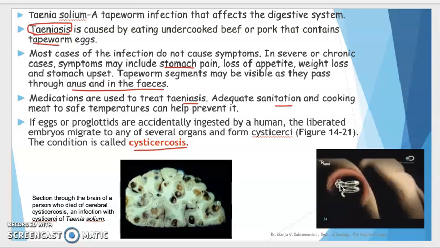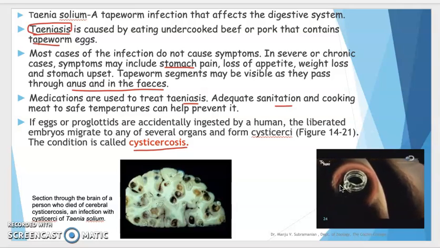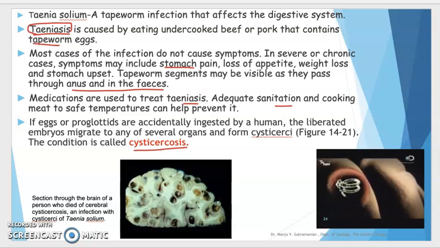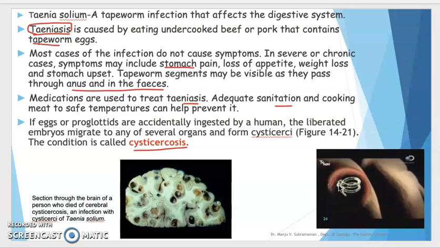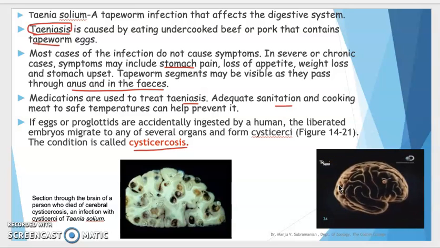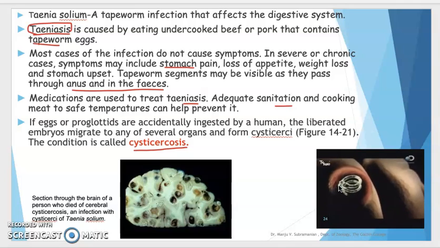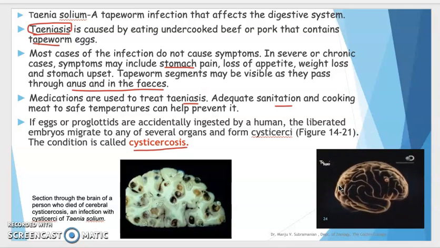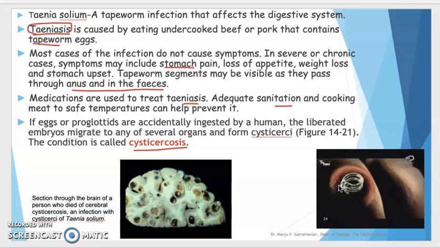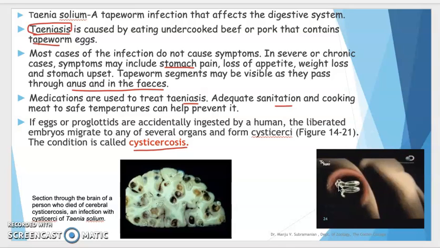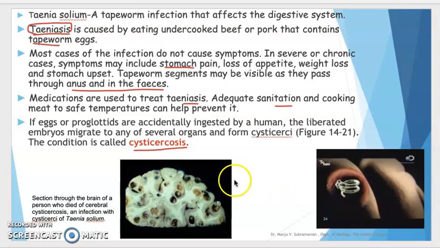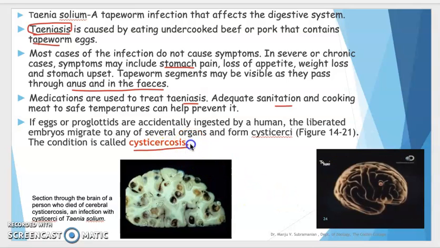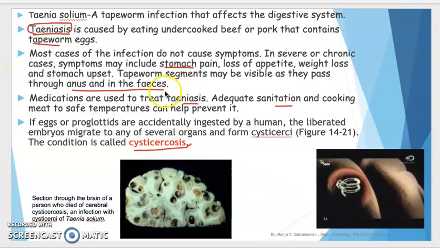Then the puncture of the intestinal wall by the hooks and causing the nitus can also take place. That is, intestinal walls will be heavily punctured by these worms with their hooks. So this can cause internal bleeding, etc. Then actually the cysticercosis is much more complicated than the taeniasis.